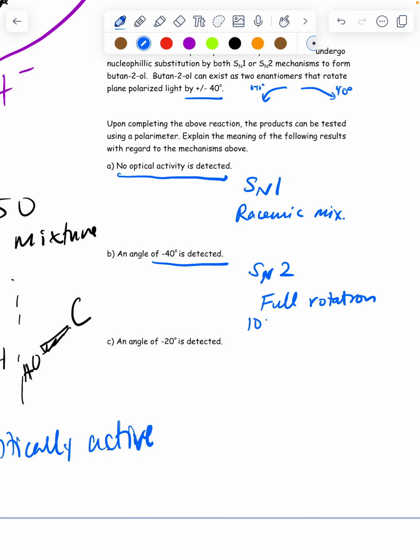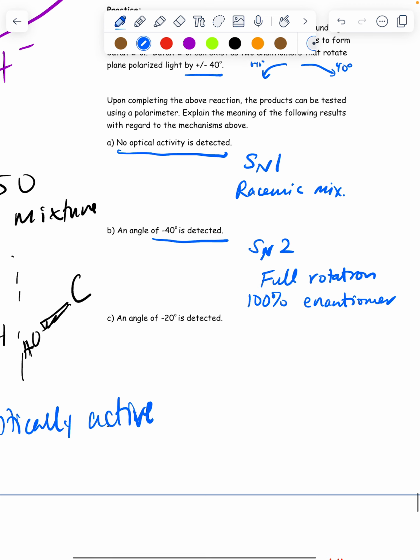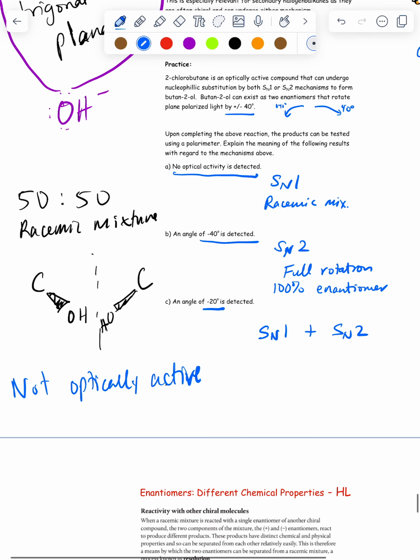Therefore, you must have 100% of a particular enantiomer. If you have an angle that's less than 40 but not 0, that implies that somewhat of the SN1 and the SN2 mechanisms must have taken place. So you're ending up with an uneven amount of the two enantiomers.